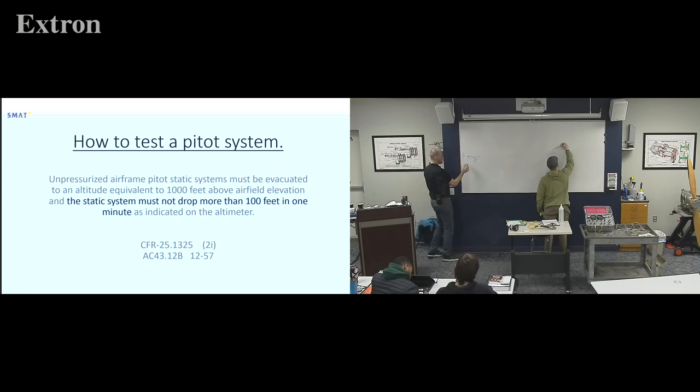So I need to change this to 29.92. Before I actually spin it over to 29.92, I'm gonna write this number down on my knee or something, so that now I set it to 29.92, I read what my pressure altitude is, and I'll write that down on my knee. Maybe I'm at 4,000 foot pressure altitude, and then I go look at my number and go, where was I set again? Oh yeah, because otherwise you'd forget. So you just switch it around for different numbers you're trying to find, right?